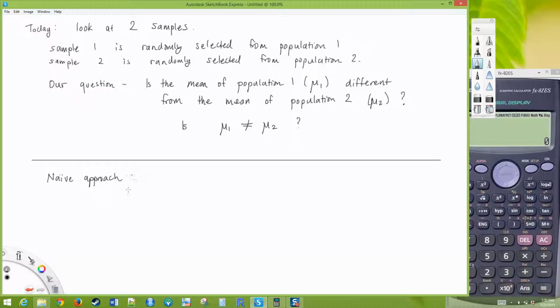Okay? And then we see, is there any overlap between mu1 and mu2?